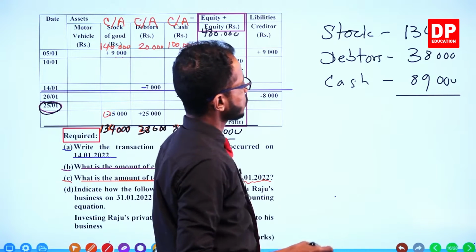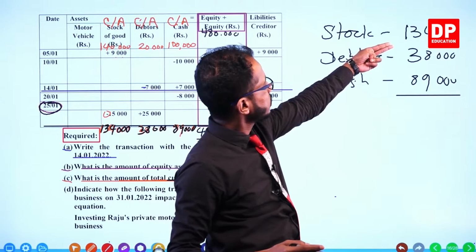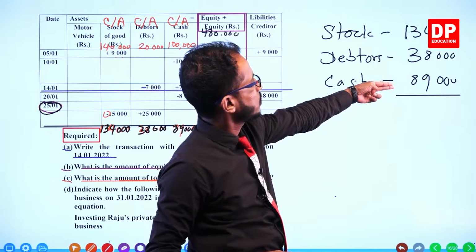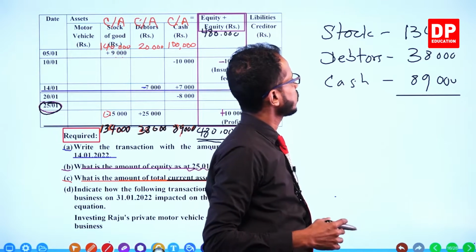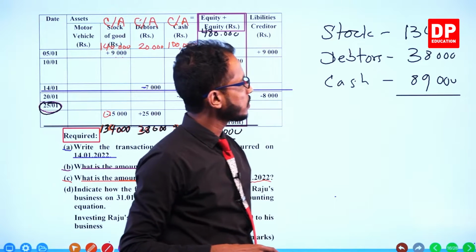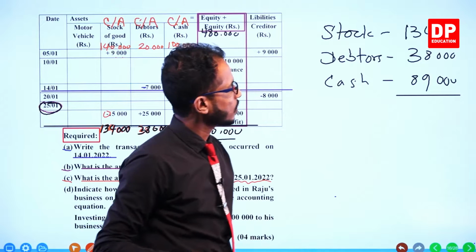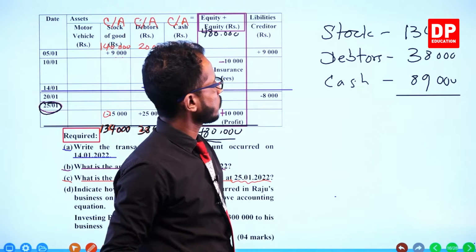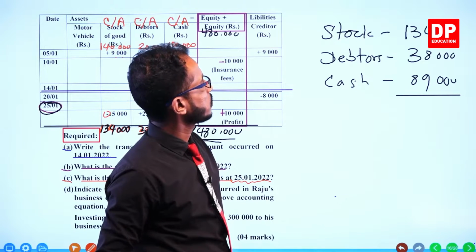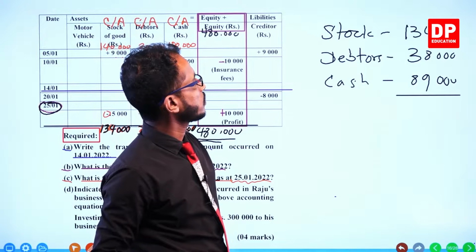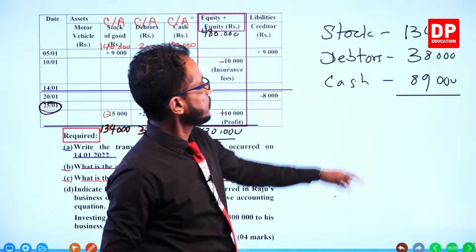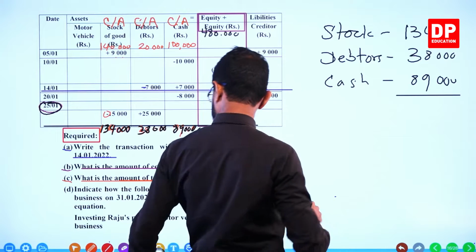Total becomes how much? 134, 234, 4, 14. Let's take it.